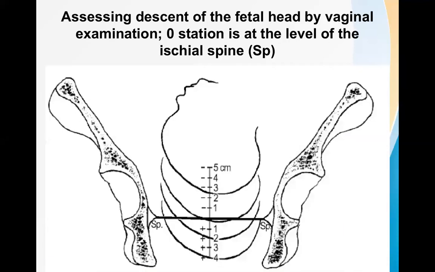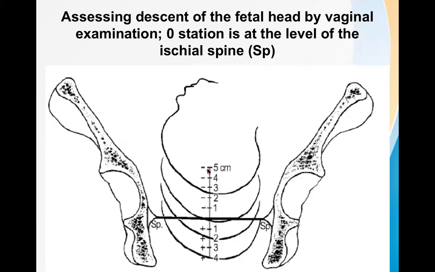Okay. So let's move further. Now, please pay attention here. This is a very informative slide. Assessing the descent of the fetal head by vaginal examination: zero station is at the level of the ischial spine. It is called zero station. Now see that this is the ischial spine, this pointed part. So let me use the pointer here. It's right here. This SP is the ischial spine. So if the head reaches exactly at the level of the ischial spine, this is called zero station.